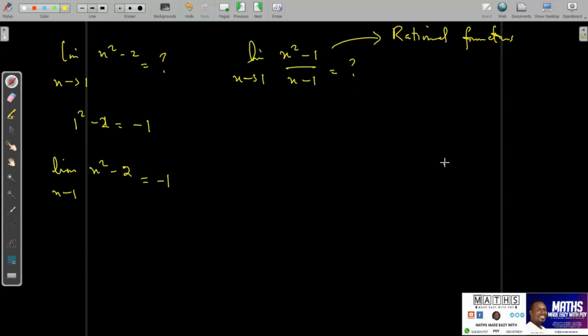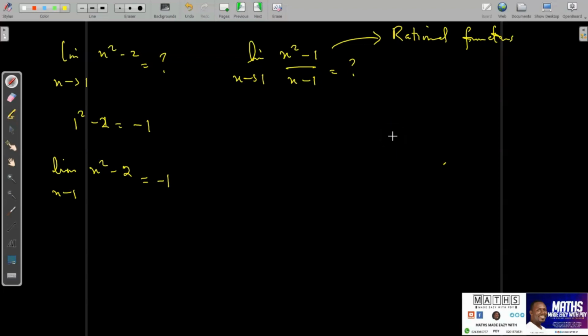When you equate the denominator to 0, you have 1. Okay, so it means when x's value is 1, automatically this function shouldn't exist, isn't it? Yes, please. And they are asking us to find the limit of this function when the value approaches 1.